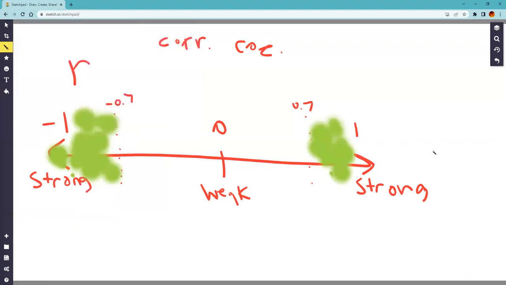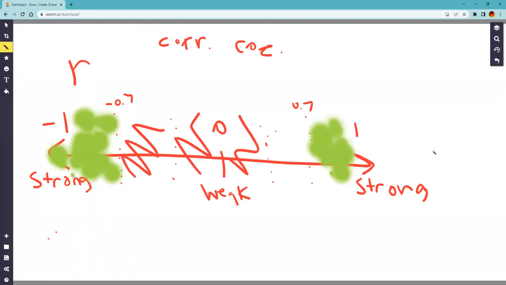That is what we would consider strong. And then pretty much in the middle, maybe 0.4 to 0.7, that's moderate, and then this is just flat out weak in these areas. Just so you know, here's what it would look like if it was strong, or if it was negative strong, it wouldn't look like that, it would look like that.